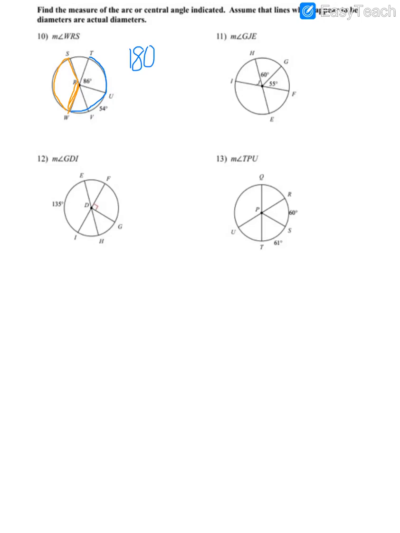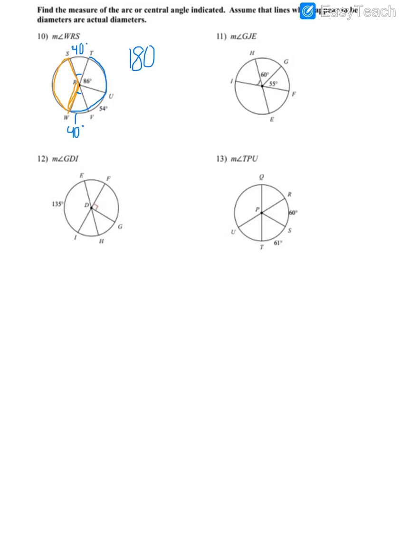So this little missing guy over here would be 180 minus 86 minus 54, which is 40 degrees. Then remember vertical angles at the beginning of the year, those will be really helpful here as well. So we do have vertical angles here, so those two are going to be the same, meaning that this angle and arc are both 40 degrees.